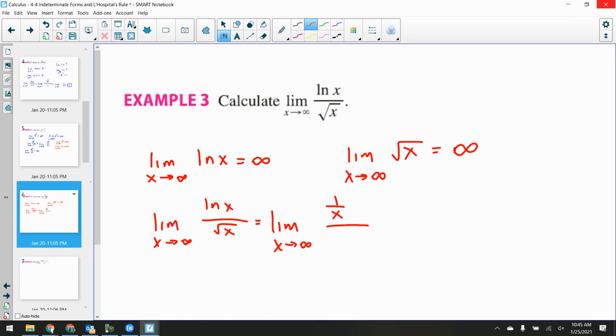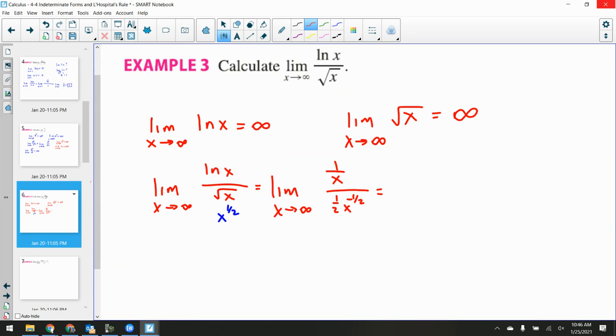And now, remember that, isn't the square root of x the same as x to the 1/2? So this is like saying 1/2 x to the negative 1/2.